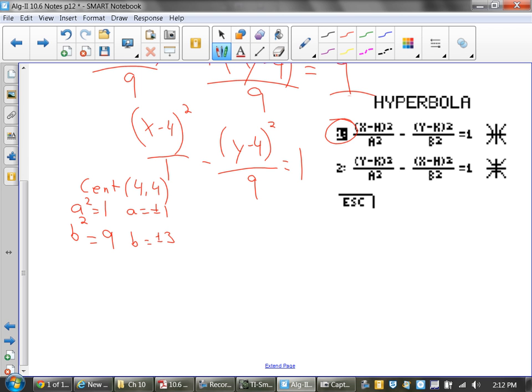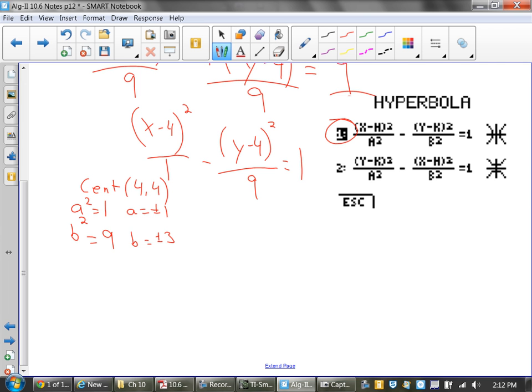Now, when you go to graph these things, that value of A, yes, sir? Why is it negative 4? Or why minus 4? It's always opposite. Or is it?